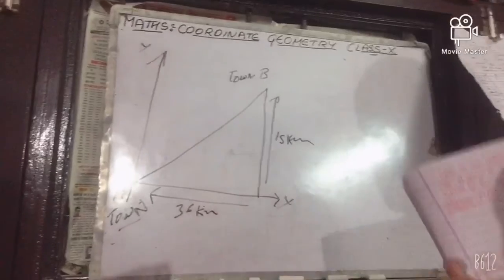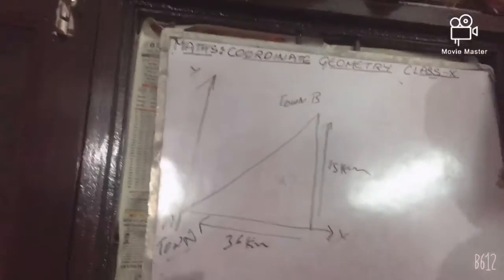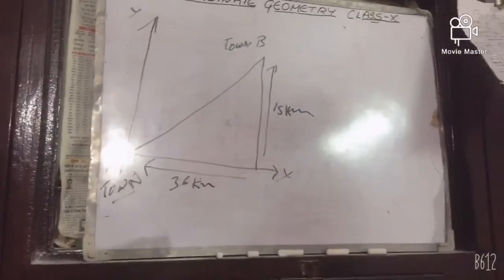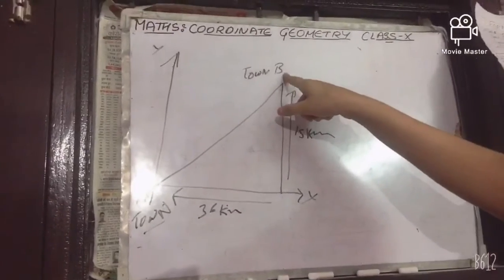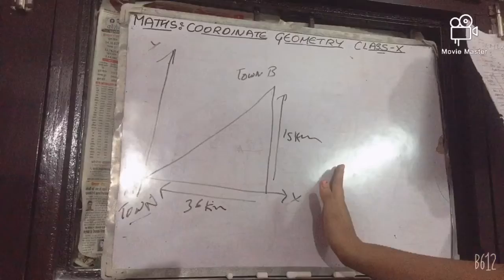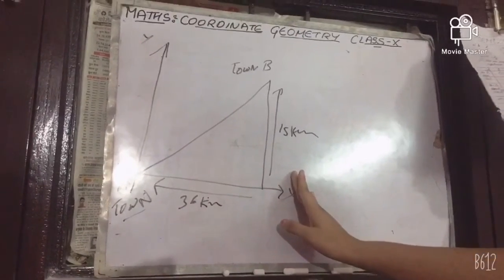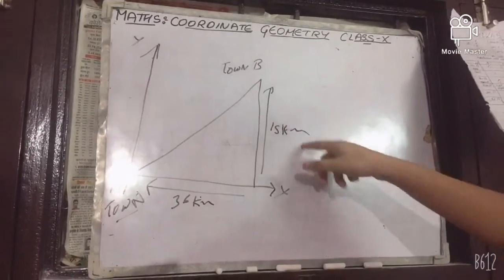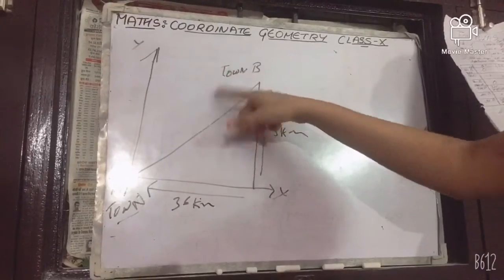Then, town B is located 36 kilometer east, okay, this is the east, and 15 kilometer to the north. This is the north.